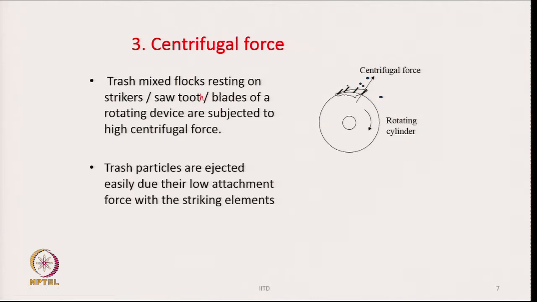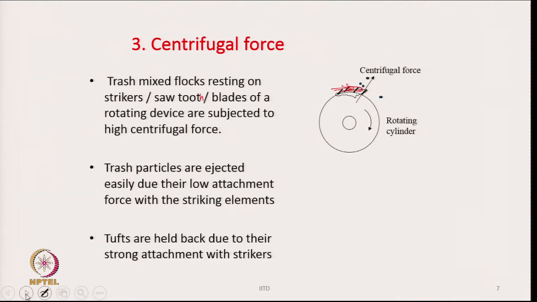If there is a tuft or fibers over here, they will be subjected to very high centrifugal force, and as a result the particles will be ejected, because their attachment force to the striking element is very, very low, whereas the attachment force of the tuft with the striking elements is much stronger in comparison to the trash particles.